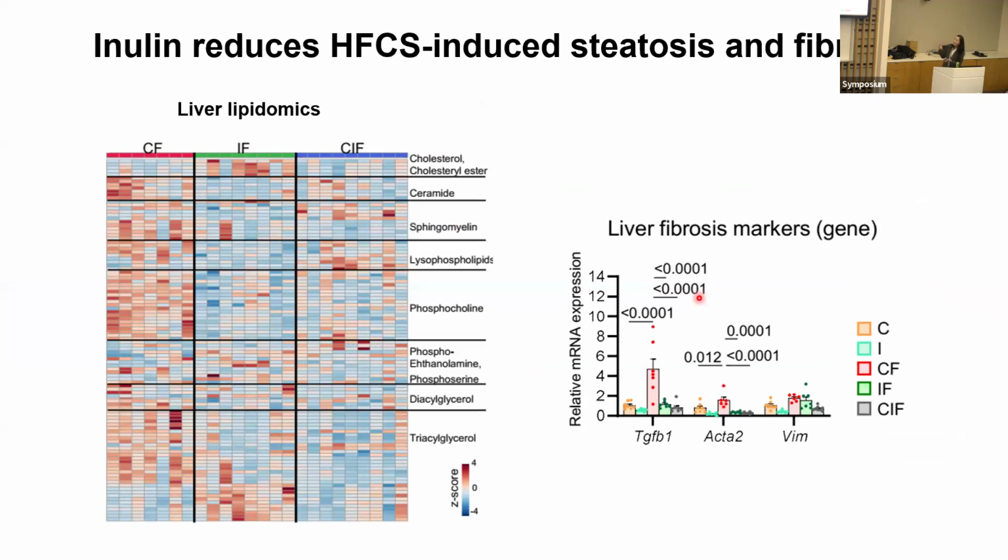Further, we analyzed lipidomics of liver samples, and we could detect a global reduction of various lipid species in the liver. We also found that liver fibrosis marker gene expression was suppressed by inulin supplementation.